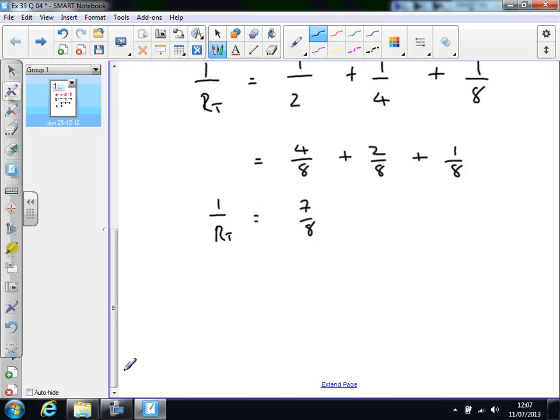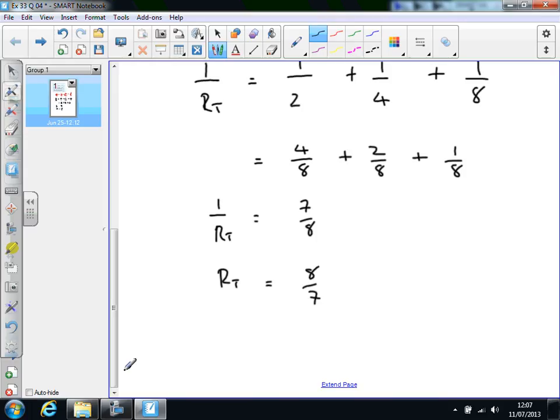Now, if 1 over RT equals 7 over 8, to get the inverse of that, I just work out what 1 over each side is. I invert both sides. So in other words, RT over 1 equals 8 over 7, and that would be the answer.